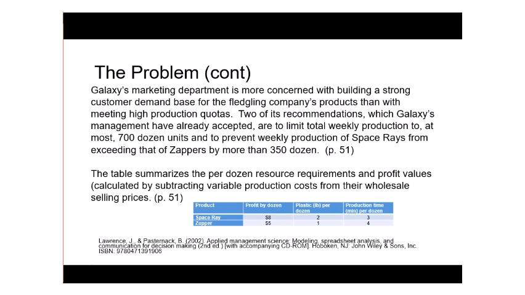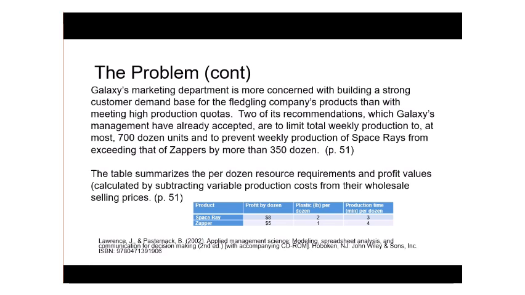Galaxy's marketing department is more concerned with building a strong customer demand base for the fledgling company's products than with meeting high production quotas. 2 of its recommendations, which Galaxy's management have already accepted, are to limit total weekly production to, at most, 700 dozen units, and to prevent weekly production of Space Rays from exceeding that of Zappers by more than 350 dozen.